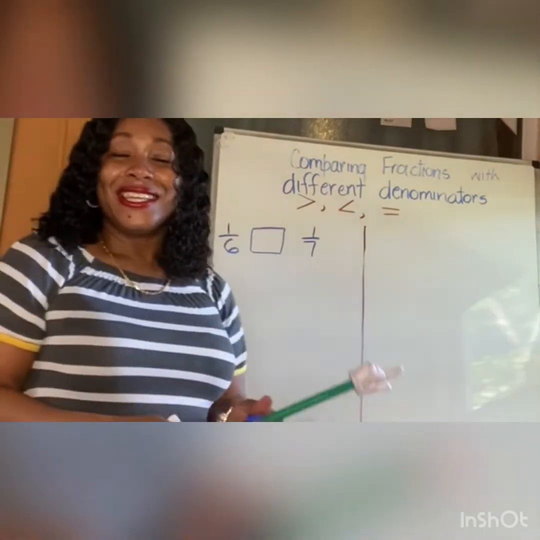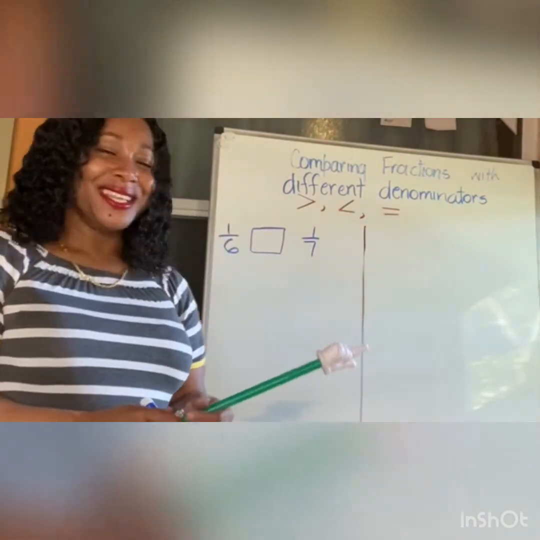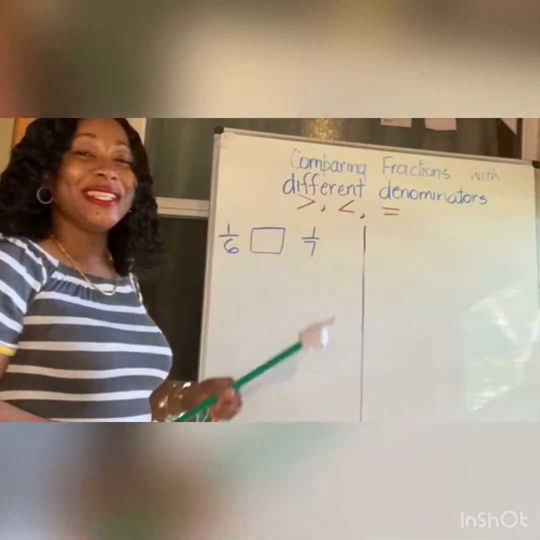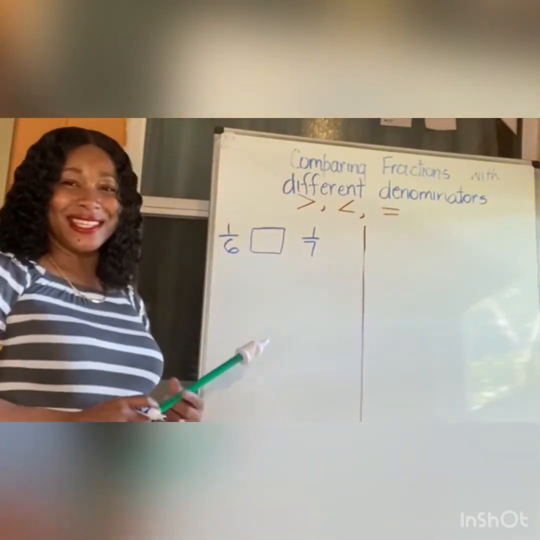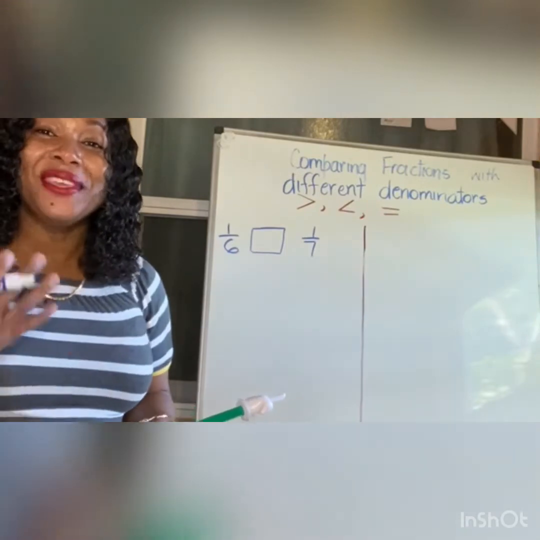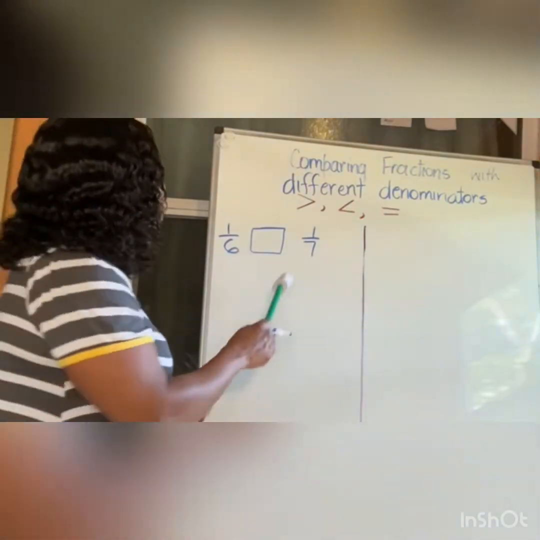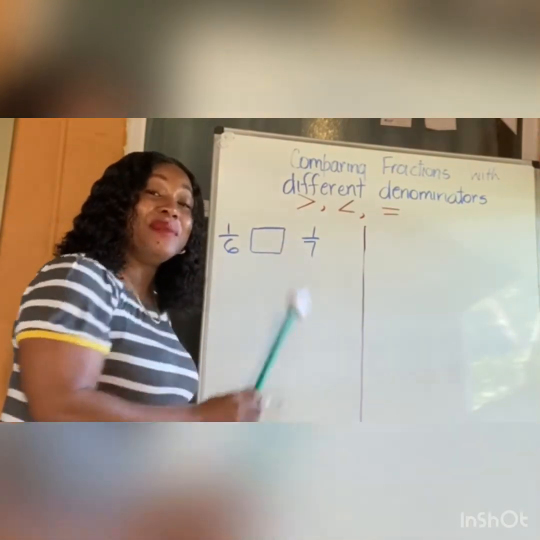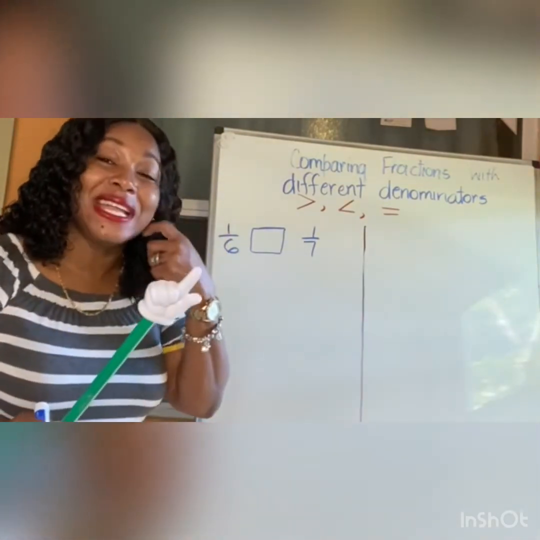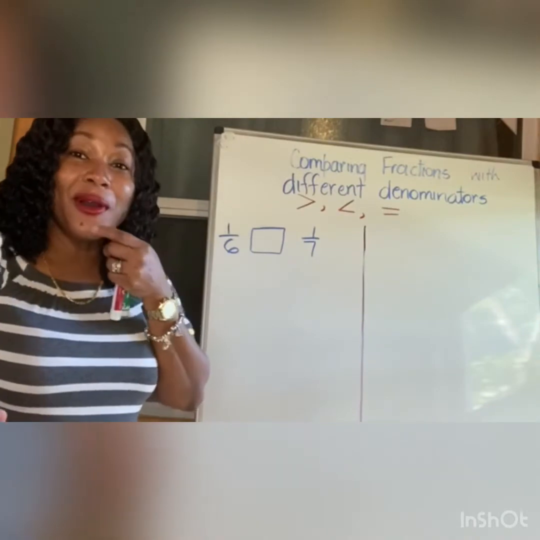All right, so this one, both numerators are 1, but the denominators are different. This is something you can remember. If this denominator is 7, it means that your cake is divided into 7 equal parts.